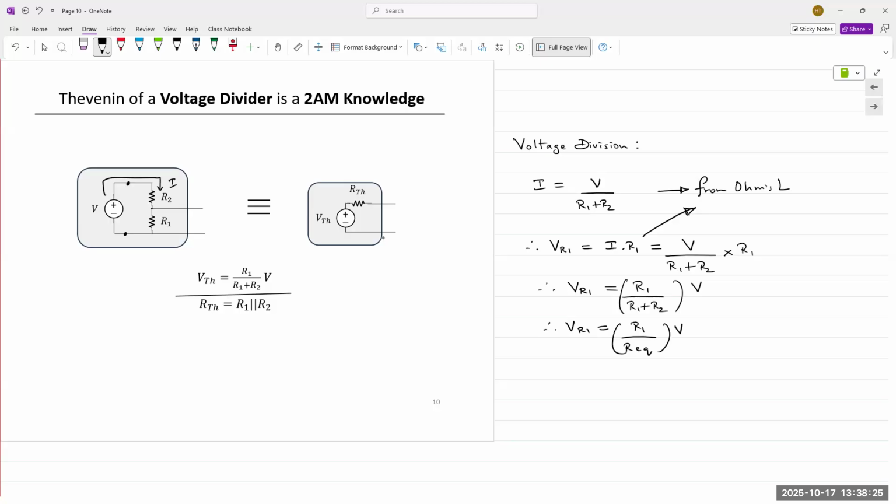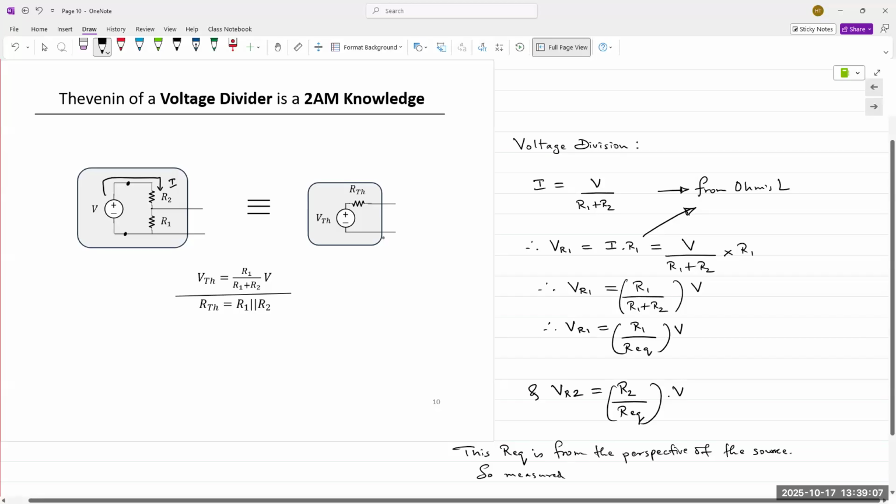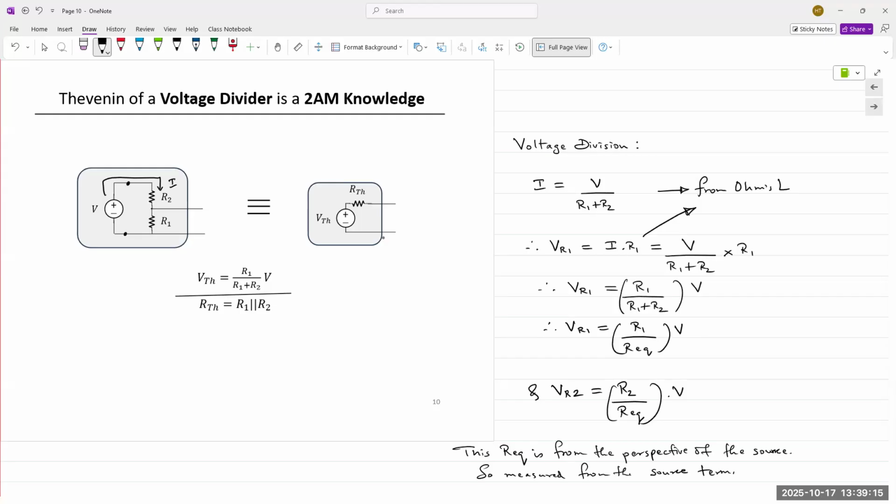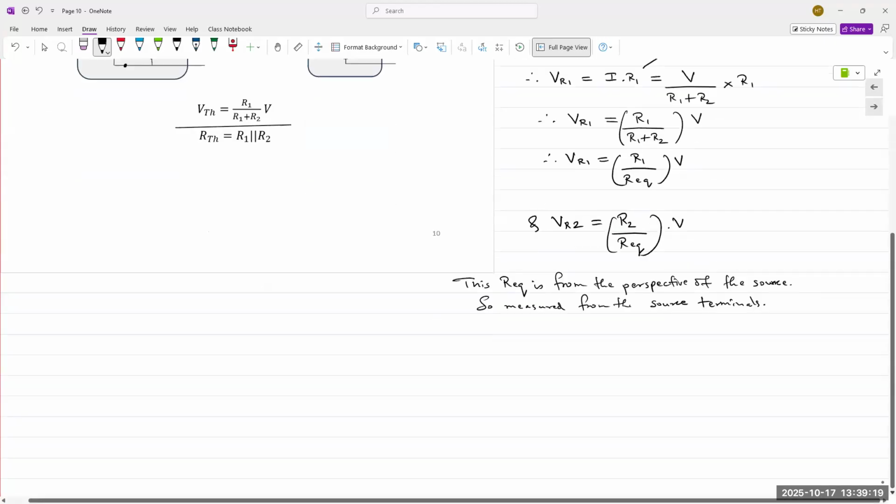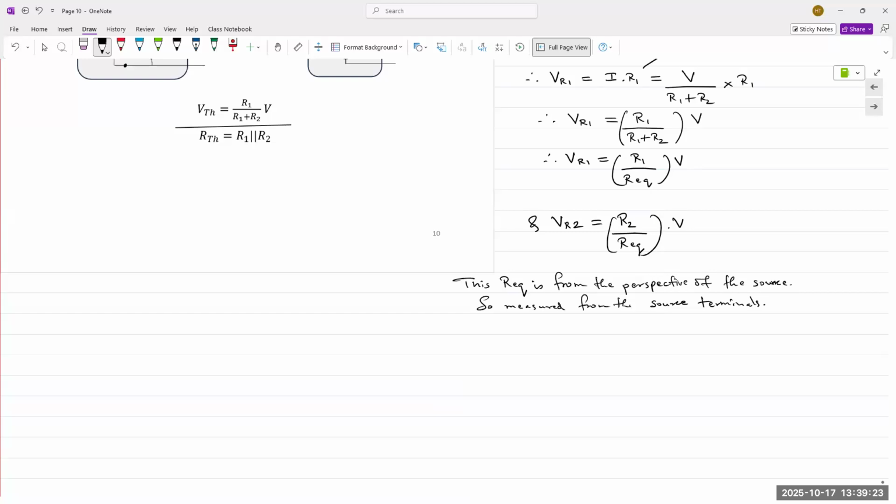Similarly, VR2 would be R2 over REQ into V. This is not the same REQ because the measurement terminals are different.